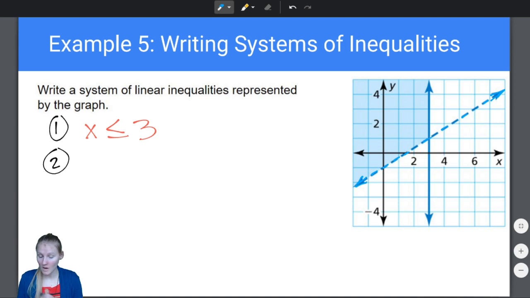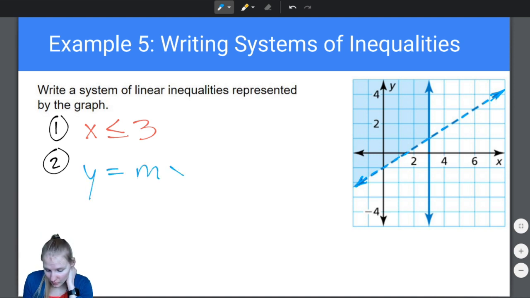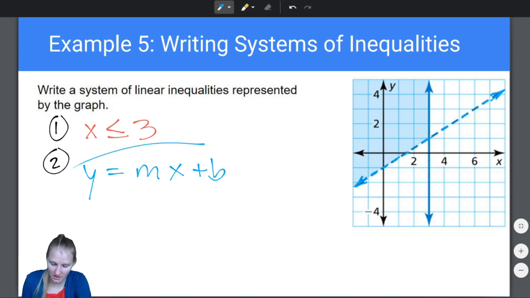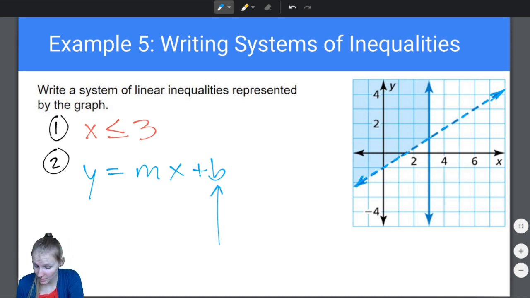Okay, so, first thing, I know that the boundary line, because it's not a horizontal or vertical line, it's like a diagonal, a slanted line, so I know that it's going to be of the form y equals mx plus b. What is the y-intercept? -1.